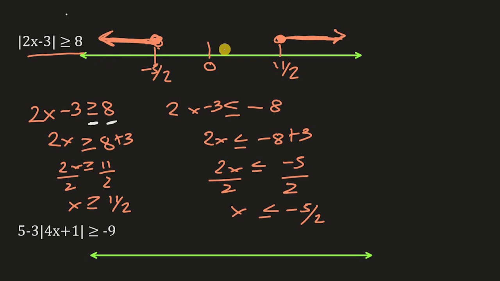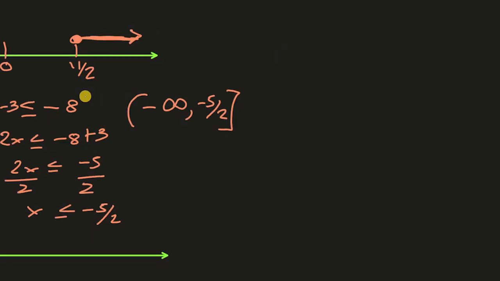So, pag isusulat natin sa interval notation, parang disjunction yan. Value of the leftmost value is negative infinity. And value of the rightmost value is negative 5 over 2. Yes, I think that's negative 5 over 2. And that would be a parenthesis for infinity, and a bracket kasi kasama doon. Pagpatuloy natin yan.